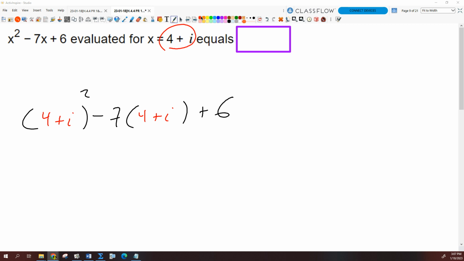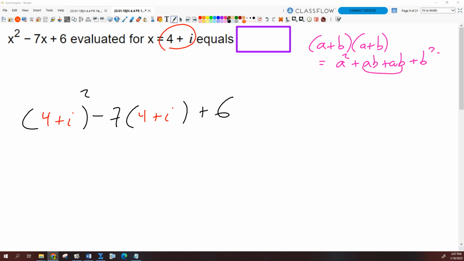Okay, I'm going to show you guys something that we technically learn next unit, but you might as well know it now. So look what happens here. If I take a binomial like (a plus b) times (a plus b), look what we get, right? If I distribute the a, I get a squared plus a times b. Distribute the b, I get another a times b plus b squared, right?